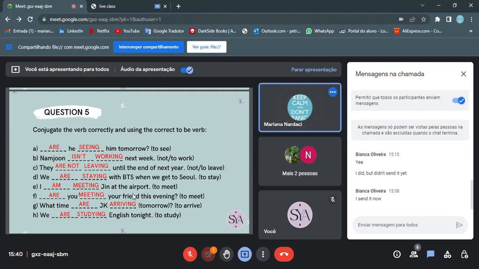I'm one of the founders of SIA, right? So I am in all the groups of all the courses. So I was seeing a conversation on the group chat of the basic English. I saw the students talking about books, and like I sent you guys a folder with books.